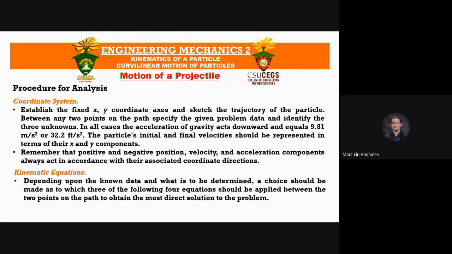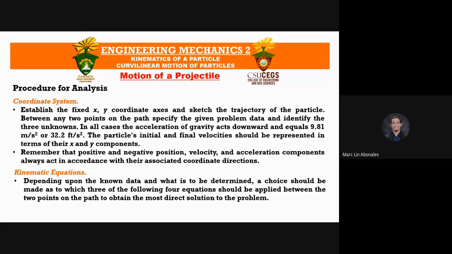In all cases, the acceleration of gravity acts downwards and is equal to either 9.81 for SI or 32.2 for English. The particle's initial and final velocities should be represented in terms of their X and Y components. And remember that positive and negative position, velocity, and acceleration components always act in accordance with their associated coordinate directions.